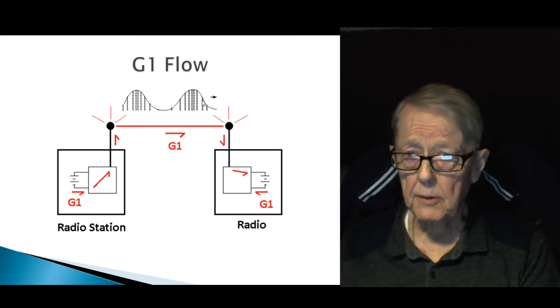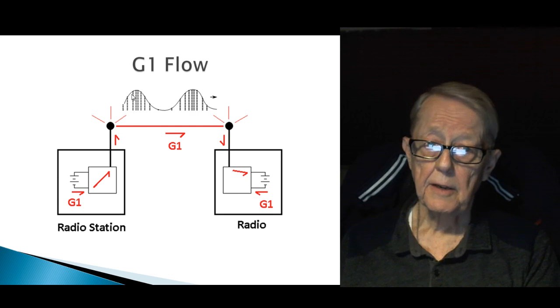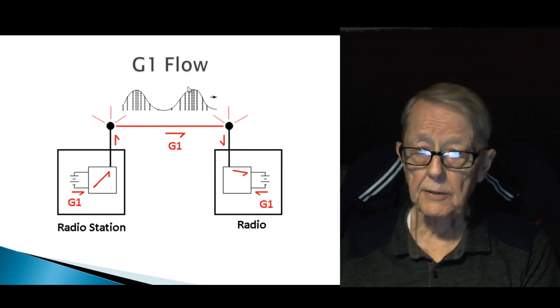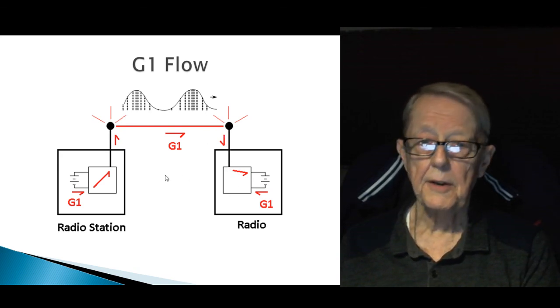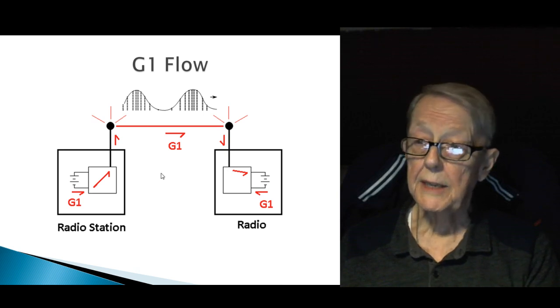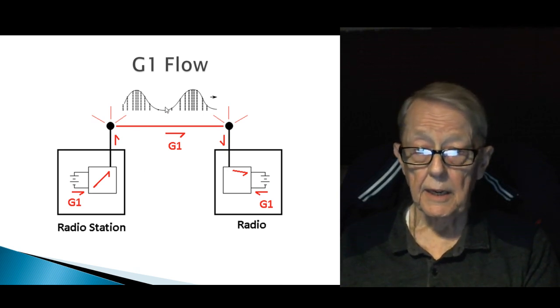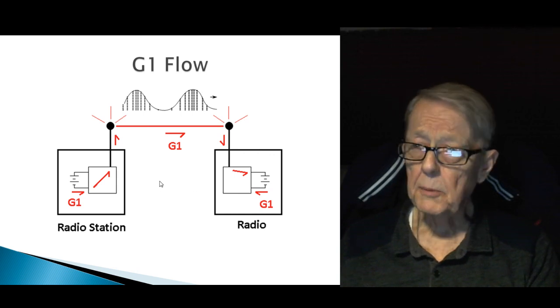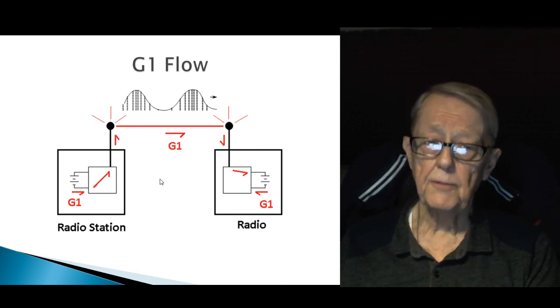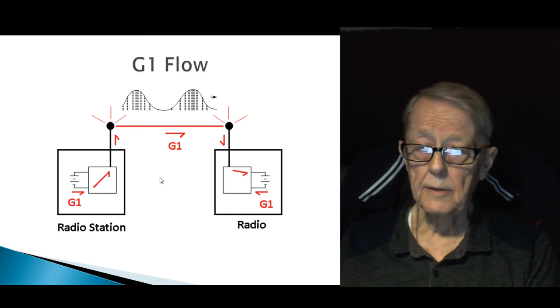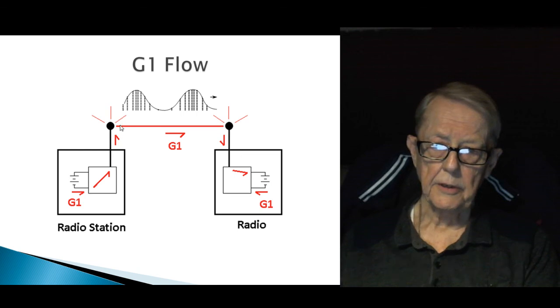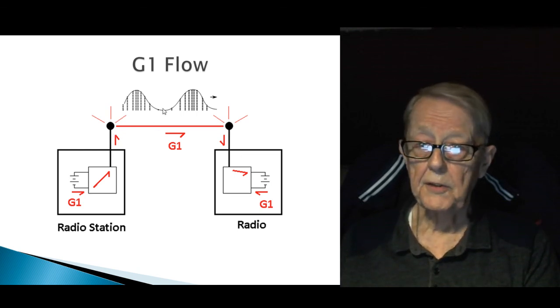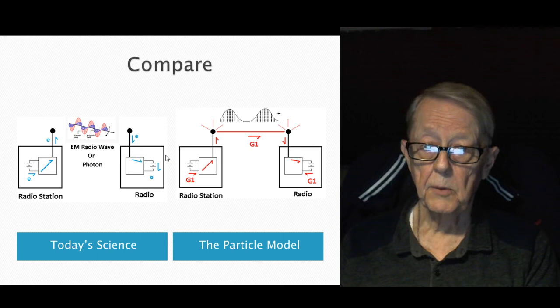These are streams of particles moving at speed c that have lots of particles here, defining the wavelength in the valley. They enter and get trapped by the antenna and are detected in the radio. G1s at the beginning, G1s all the way through. So no energy required to create a photon, no magic where you're sending electrons into the antenna and it makes an electromagnetic wave.